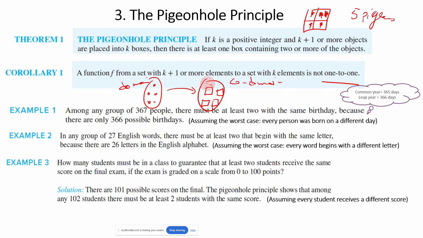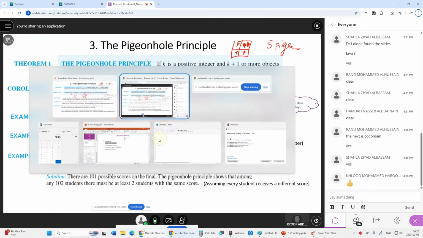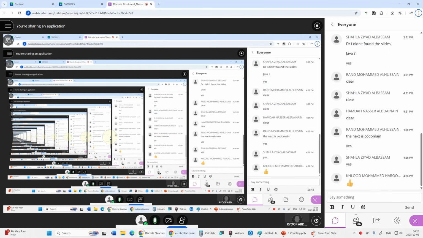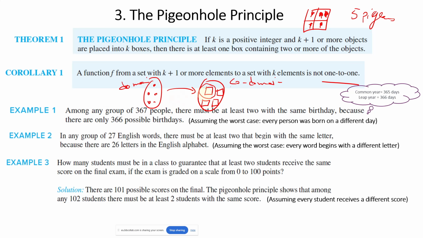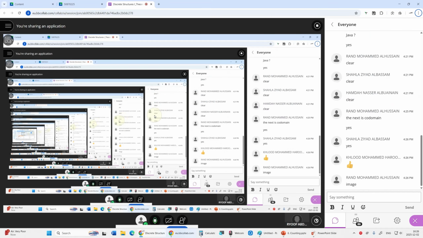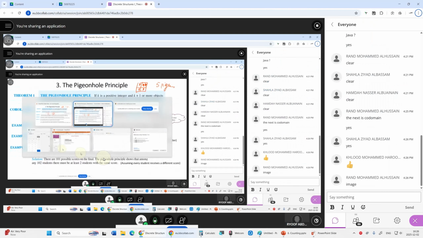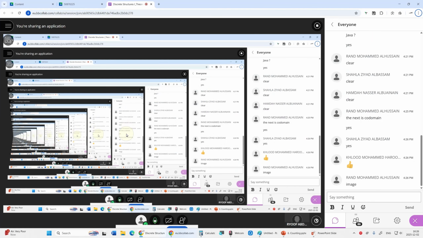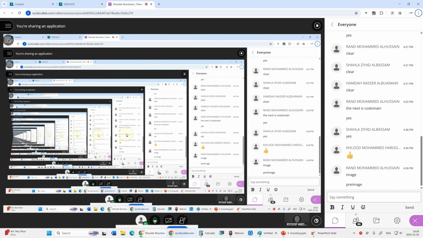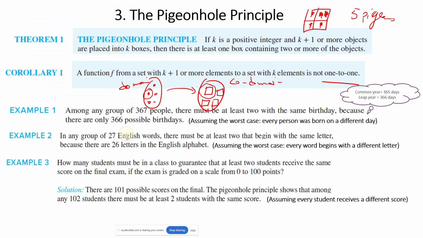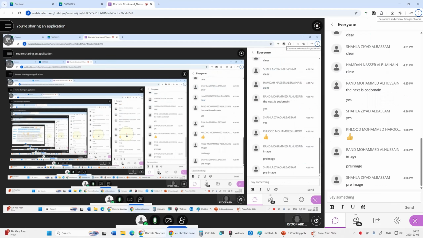An element from here is called what? This is a good review for functions. That one over here is called what? Good job. Image. What about this one? Pre-image. Well, good. That's great.